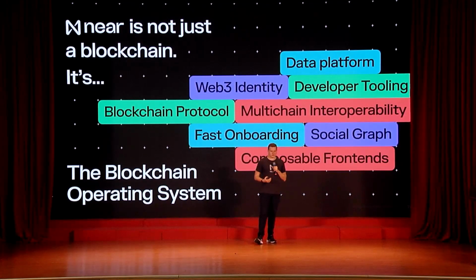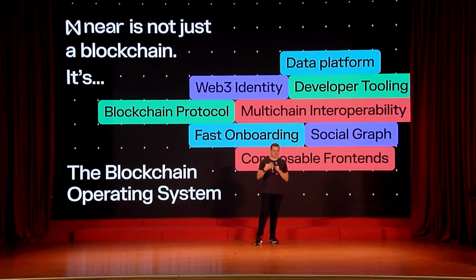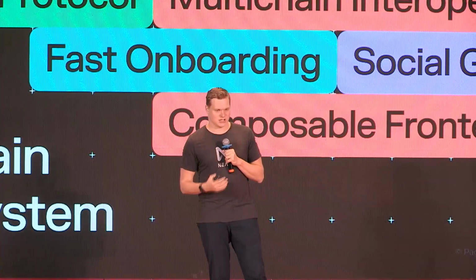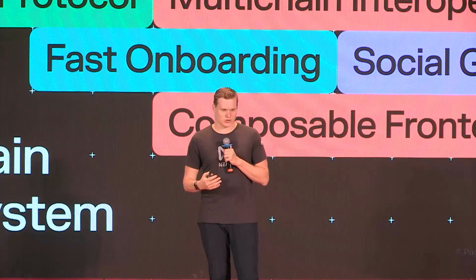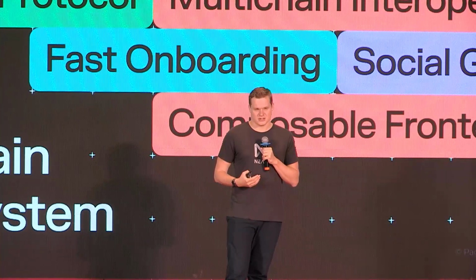So in conclusion, Near started as a blockchain. We built a lot of the usability tooling and then developer tooling, and then we continued expanding because we saw demand from developers around identity, multi-chain, social graph, fixing onboarding, building composable decentralized front ends to make them less fragile.